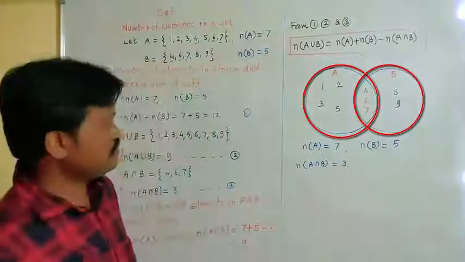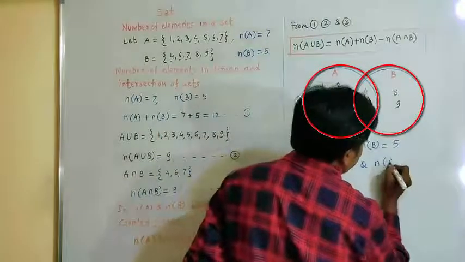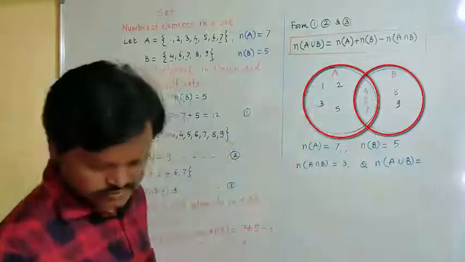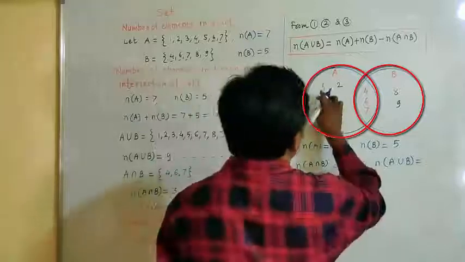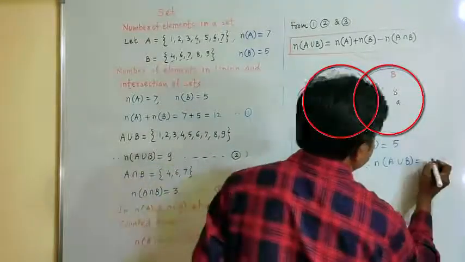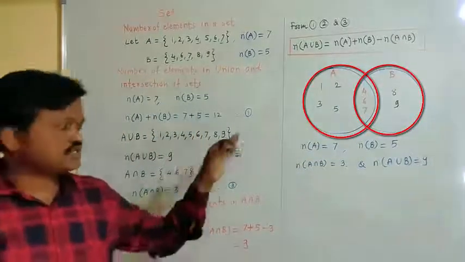And n of A union B is equal to how many terms? Look here, 1, 2, 3, 4, 5, 6, 7, 8, 9. So it is 9. So all the numbers in the set we write here.